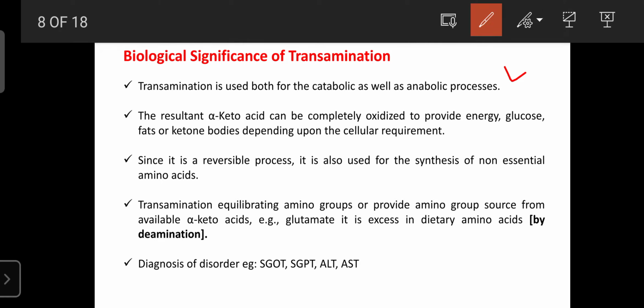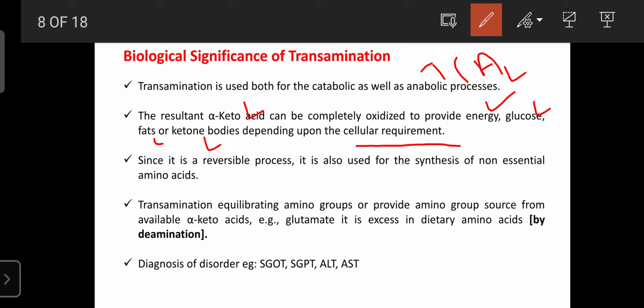The second one is that the resultant alpha keto acids can be completely oxidized, and they can provide energy, glucose, fats, and ketone bodies depending upon the cellular requirements. Whatever alpha keto acids are formed, the alpha keto acids or alpha ketoglutarate enter the TCA cycle.